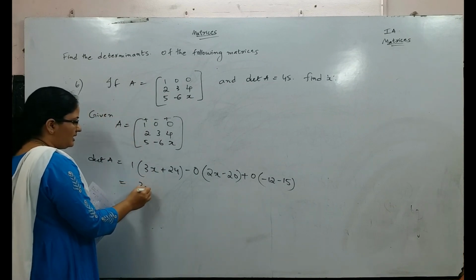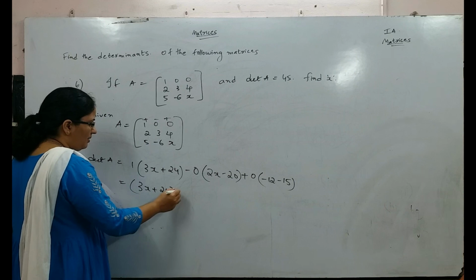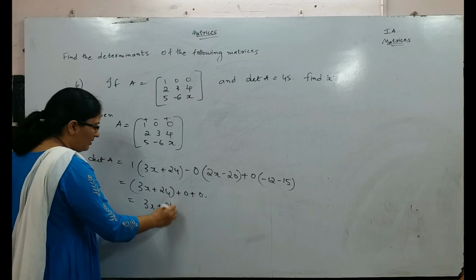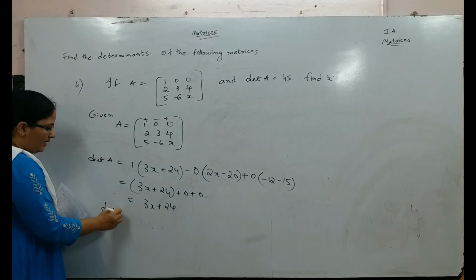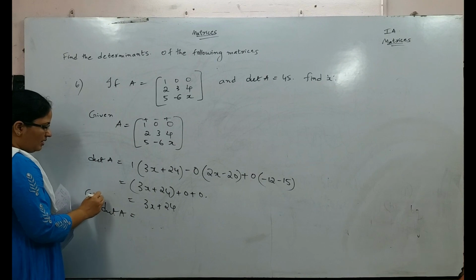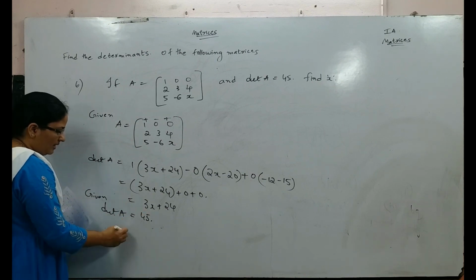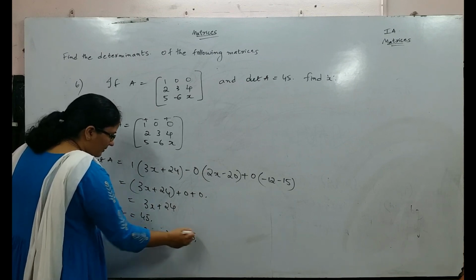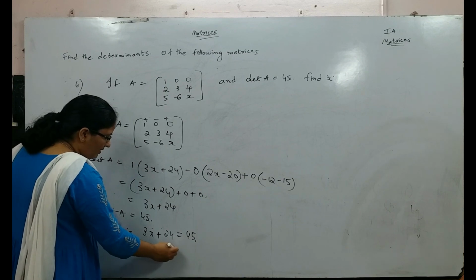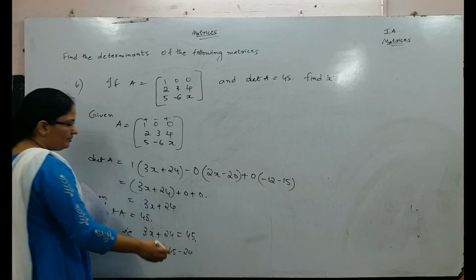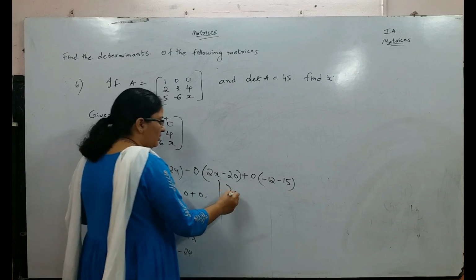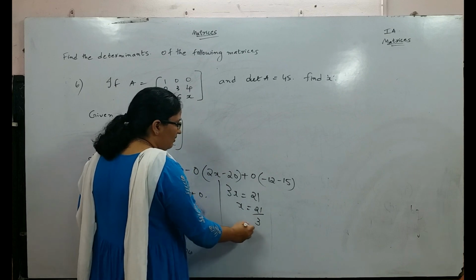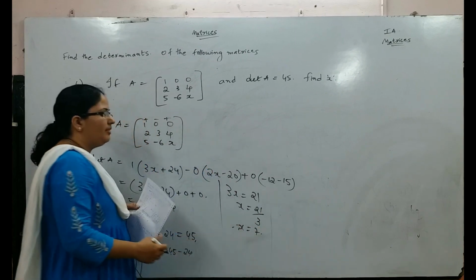That is equal to 3x plus 24 plus 0 plus 0, that is equal to 3x plus 24. Given det A is equal to 45, that is 3x plus 24 is equal to 45. 3x is equal to 45 minus 24. 3x equal to 21. x equal to 21 by 3. x equal to 7. Therefore, the x value is 7.